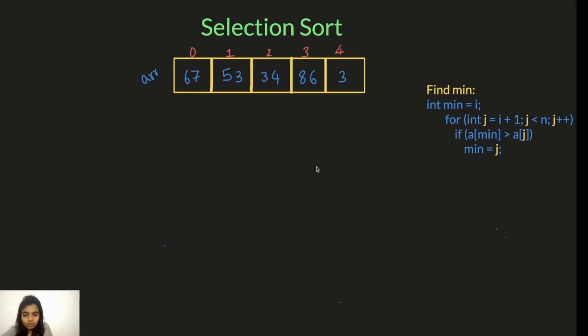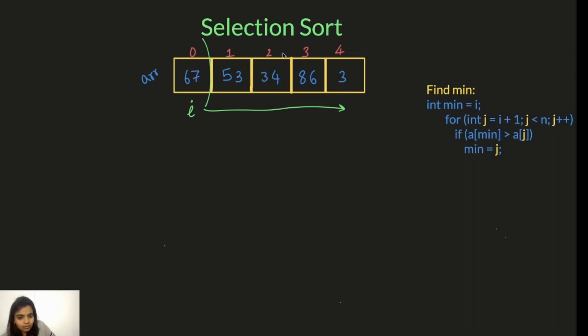We just maintain one index I. We find the smallest element in the entire array and we swap it with I. Also this I will keep incrementing every time, and every time I increases, the smallest element will get swapped with that. We just keep swapping the smallest element.